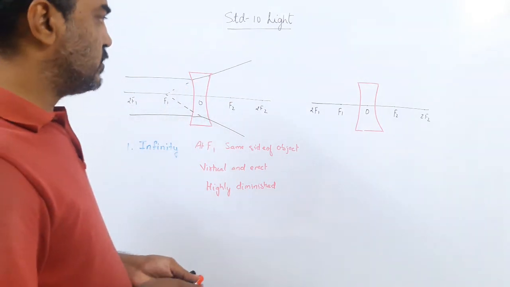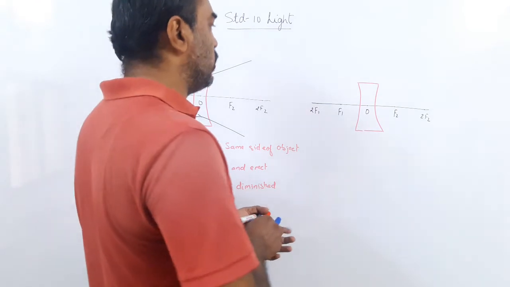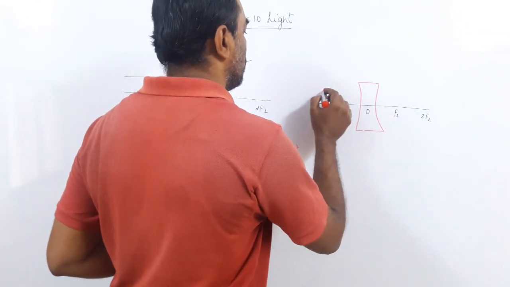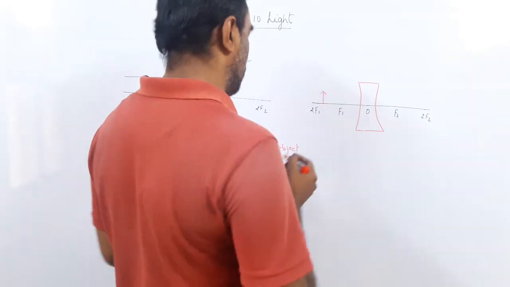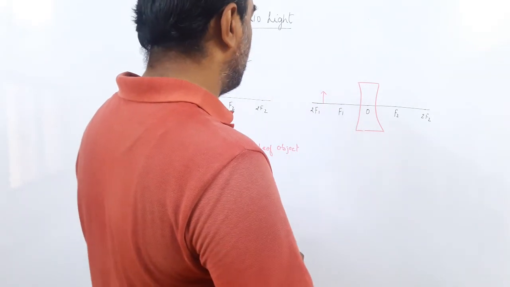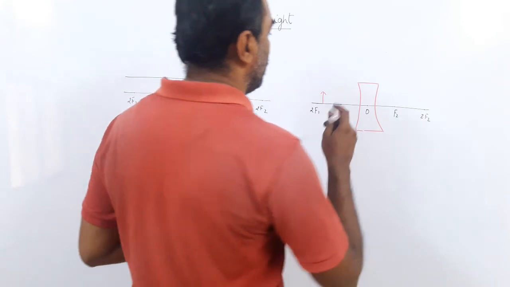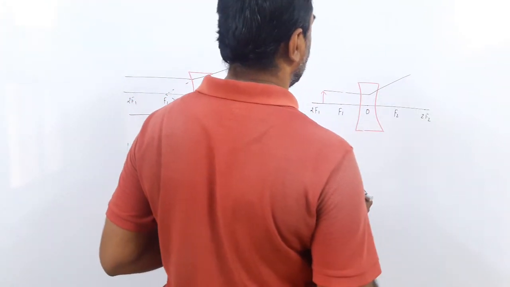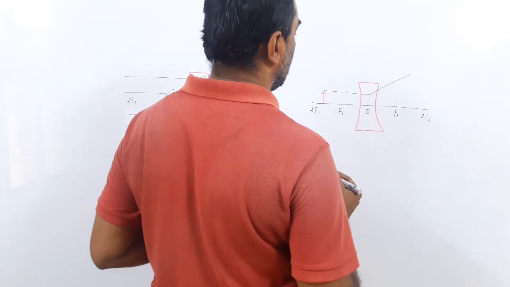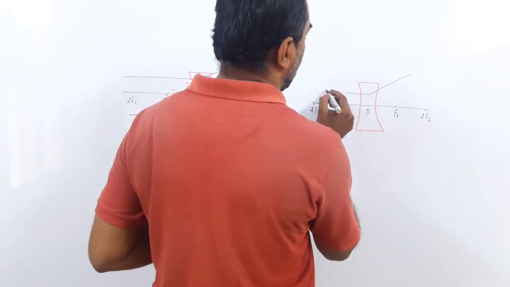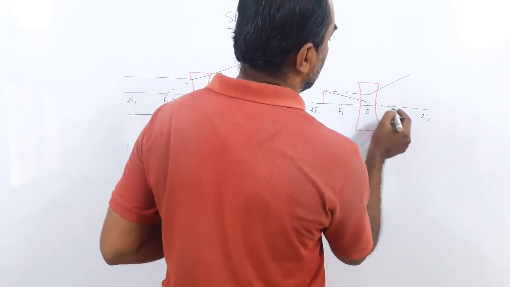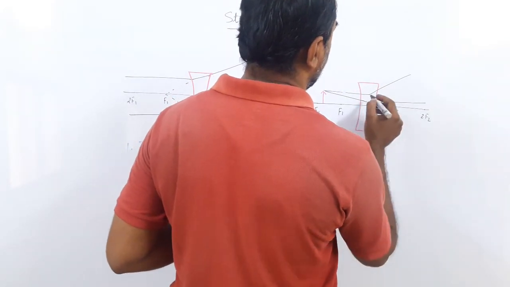And second case, you place the object anywhere that you want, any place of your choice. What you will get, a ray parallel will diverge outside, and one appearing to pass through the focus will become parallel.